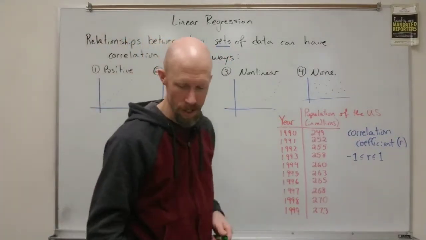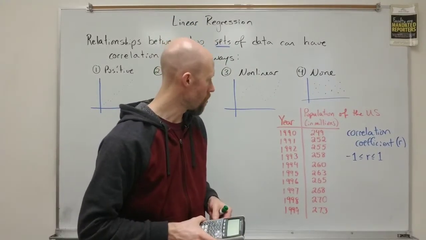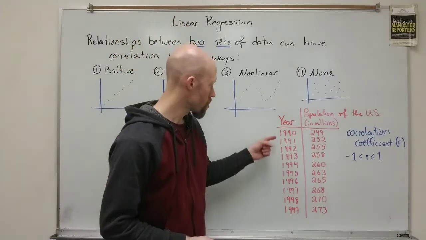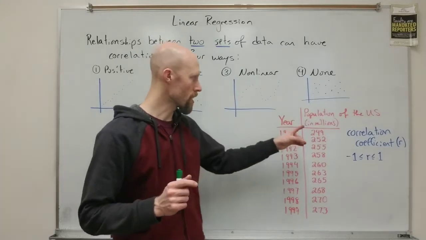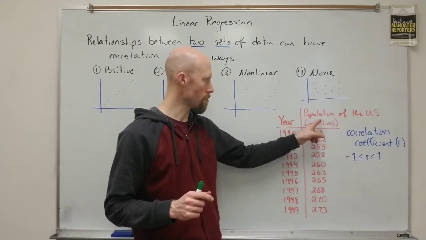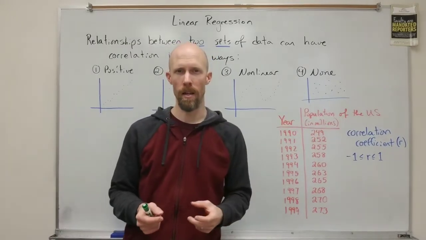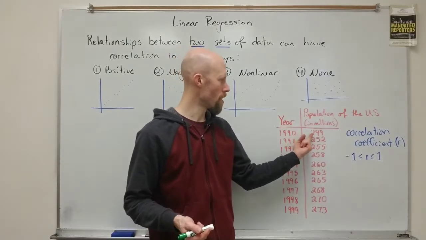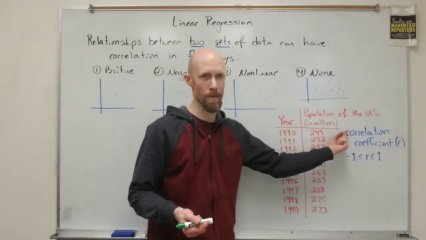With this particular set of data, I'm going to go to my graphing calculator. Now, it's useful in many cases to alter the data, sort of. I've already done that in a sense. I've taken the population and turned it into millions of people. So this is 249 million. This is a rounded number, obviously, but if I were to not turn it into millions, it would be 249,000,000.